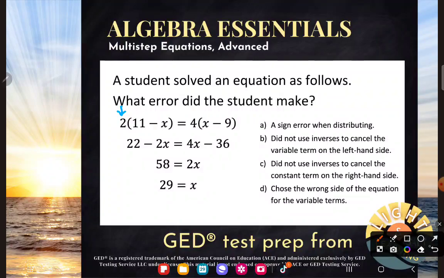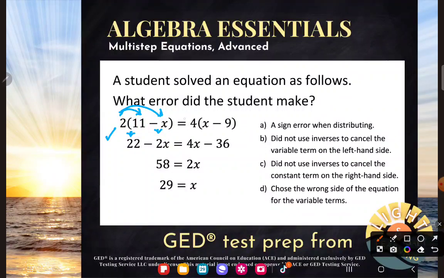Let's go ahead and do that. We can see that's what they did first as well, because 2 times 11 is 22, and 2 times negative x is negative 2x. Nice. I like that first step they did on the left-hand side.